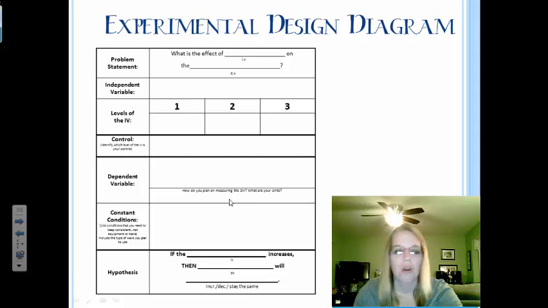I don't know what your problem statement is, or your independent variable, or your levels of IV. That is something you are coming up with on your own. The control, remember, is your baseline.